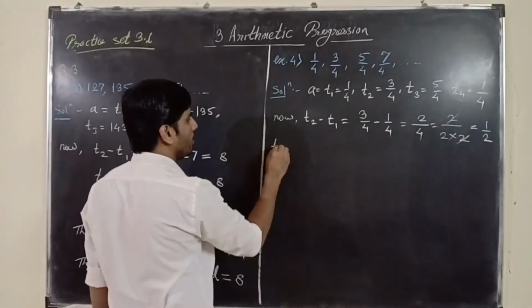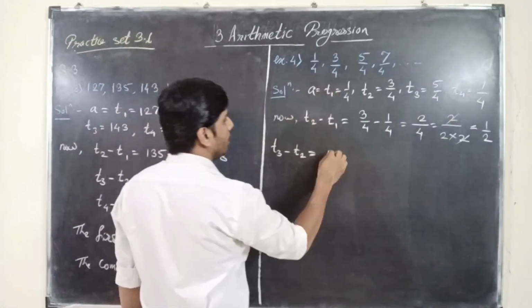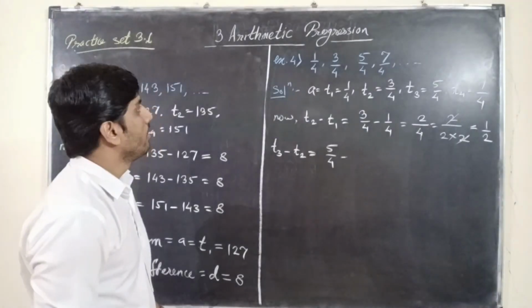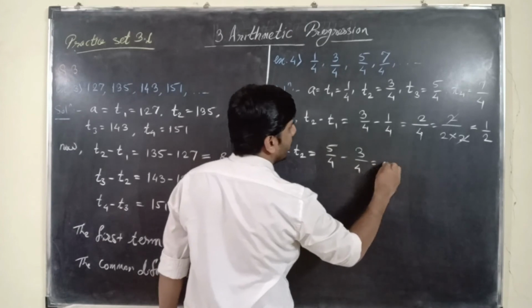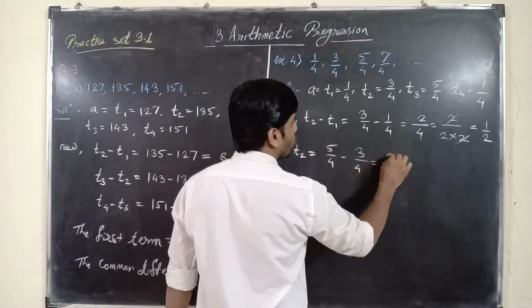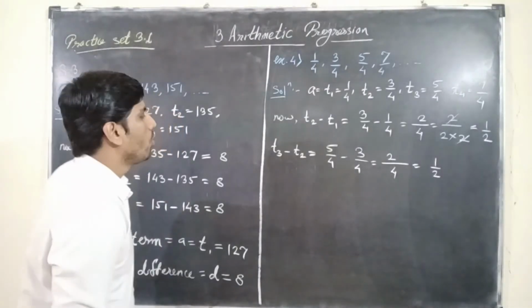Now we will find T3 minus T2. T3 is 5 by 4 and T2 is 3 upon 4. Again denominator is same. So we will get 5 minus 3, that is 2, and 2 by 4, which is equal to 1 by 2.